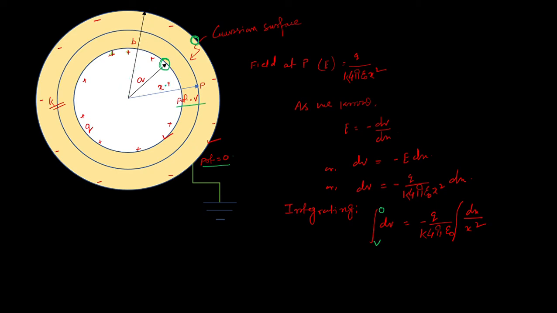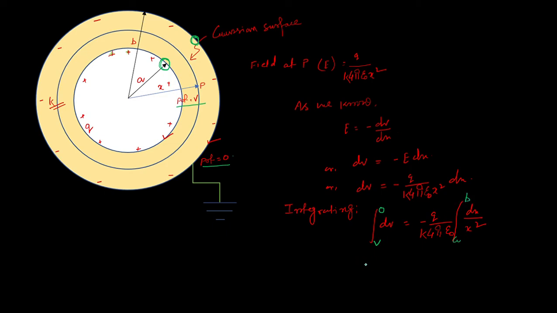So the value of x varies from a to b, because x represents the distance from the center to any point. So here the limit will be a to b.